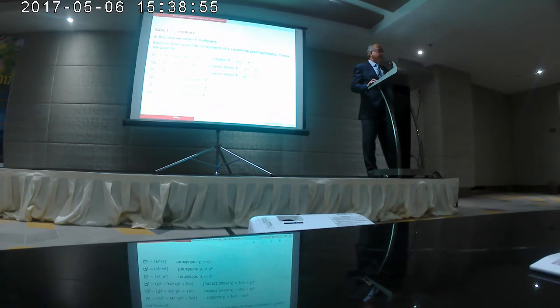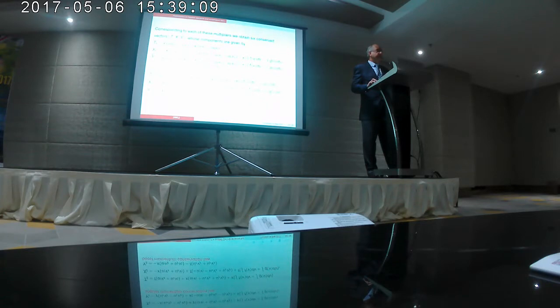So similarly we have the multiplier Q2 given by this, Q3, Q4, Q5 and Q6. So corresponding to these 6 multipliers, we have 6 conserved vectors which we can write. So the first one will be T1, X1, Y1 given by these expressions, and this gives us the angular momentum conservation laws.